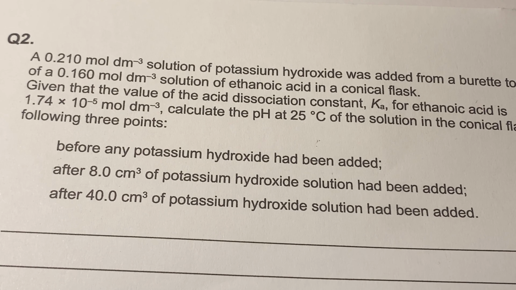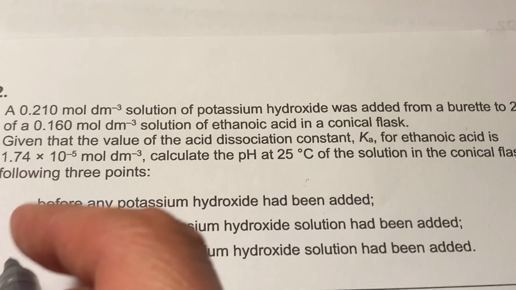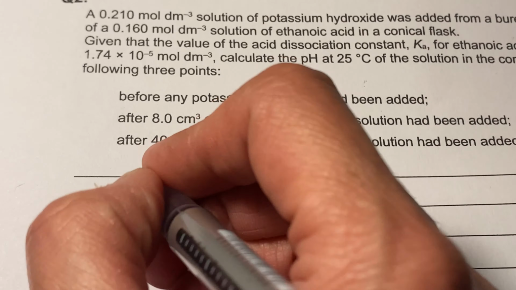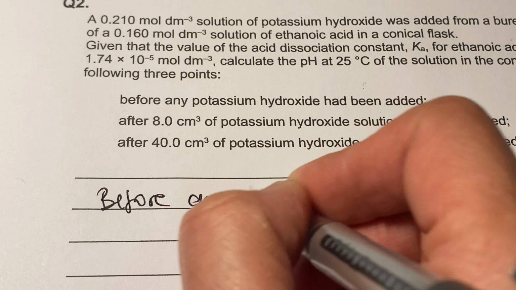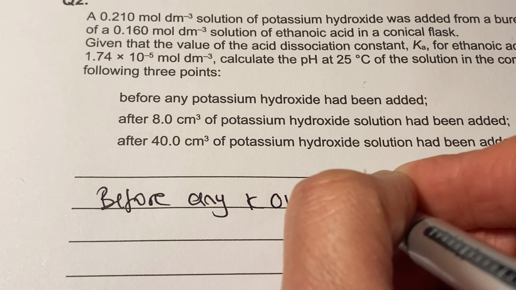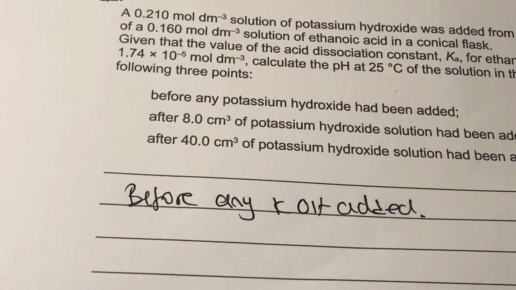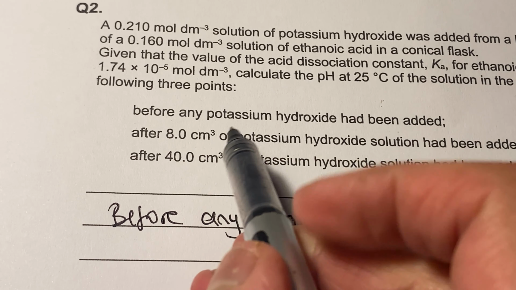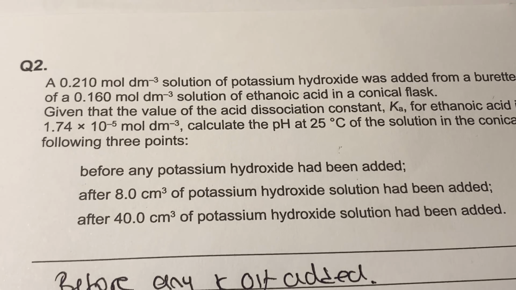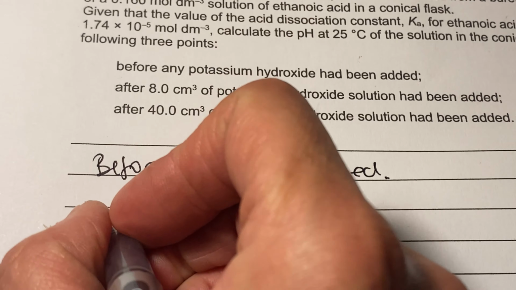I think the first thing you do at the beginning of this is say "before", so just do before any potassium hydroxide added. Okay, so the first thing you do is say, right, if I want to know just the pH of my weak acid, I can use the acid dissociation constant for weak acids.